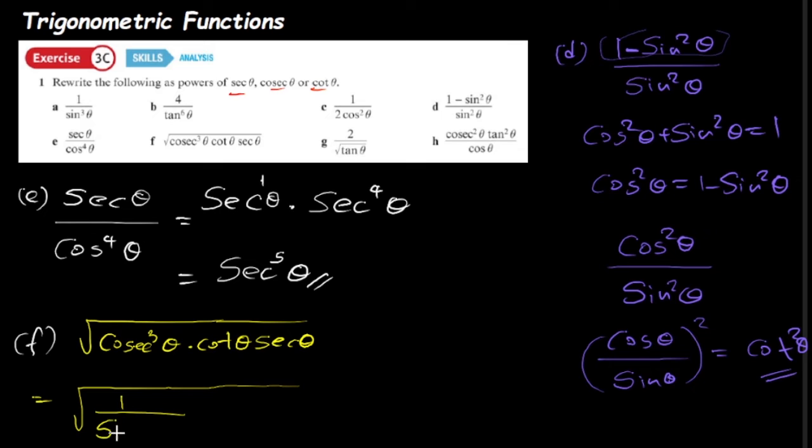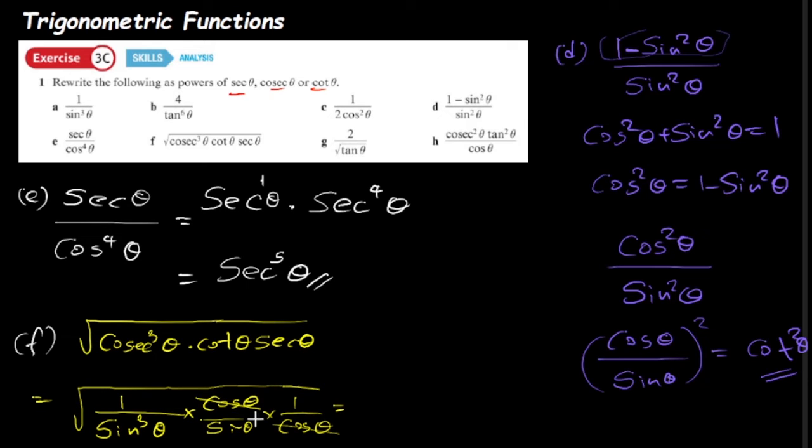So this is going to be like sine cube theta into cot theta. Cot theta we can write as cos theta divided by sine theta, again into sec theta which is 1 over cos theta. You can see cos theta and cos theta cancel off.